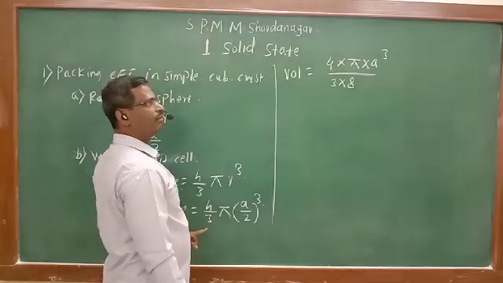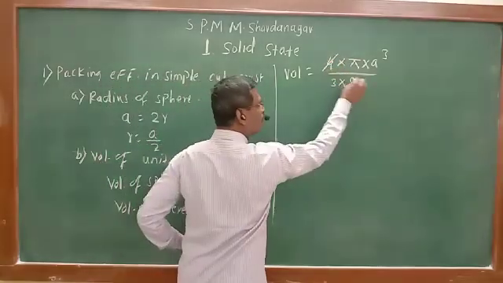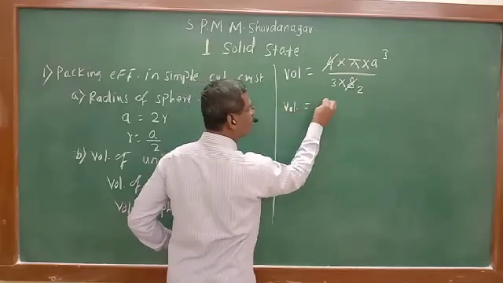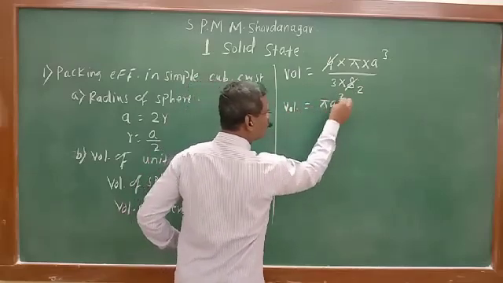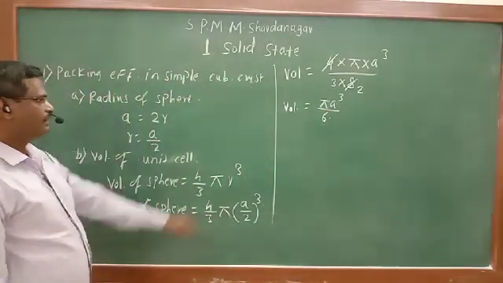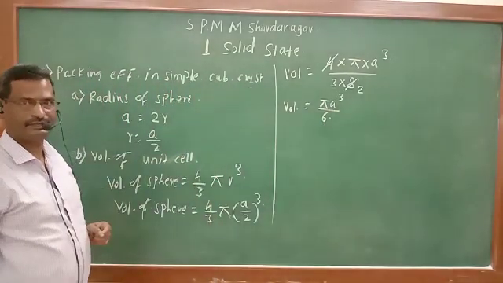So 4 and 8 gives 2, and now volume will become pi a cube divided by 6.